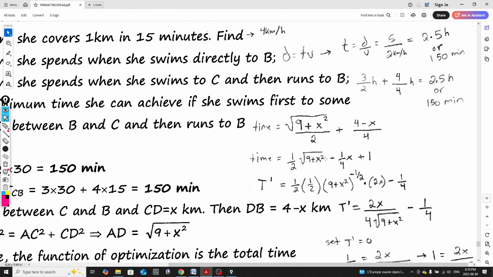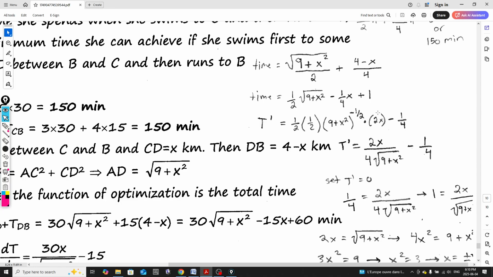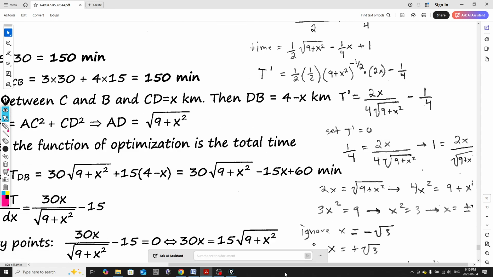When you do that, you get this, and then you get that. All you're doing is simplifying. This is 2x over 4, and this guy is a square root in the denominator because of the power of negative 1/2, and there it is, minus 1/4. And I want to get the stationary points, which means I have to set this equal to 0, and then solve.